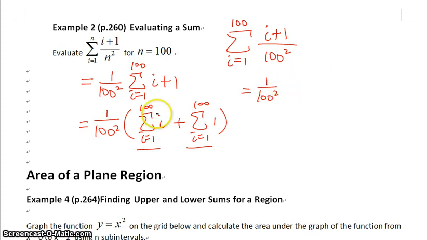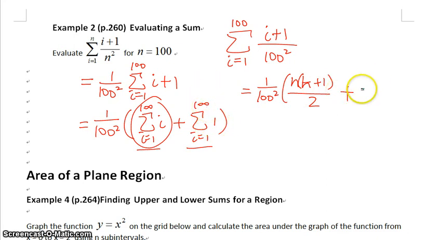For the sum of i, if you look at the formula, it is equal to n times n plus 1 over 2. Like n is 100, we'll plug it in later. Plus, when you have just a constant, it's the constant multiplied by n. So it's just c times n. Well, n is 100, so let's put 100 there.